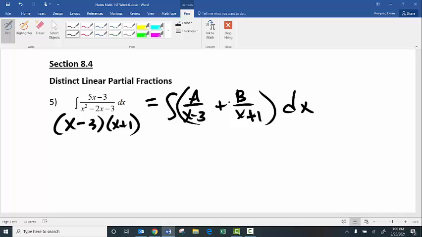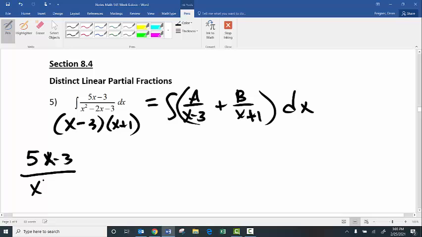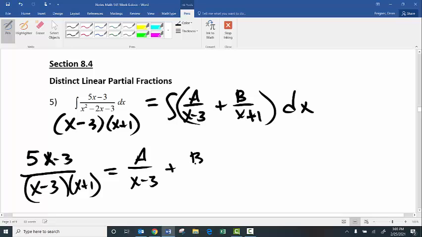All right. So let's set up an equation. We have 5x minus 3 over x minus 3 times x plus 1 equals A over x minus 3 plus B over x plus 1. Right? So now the way you solve this is you're going to get rid of the denominator.